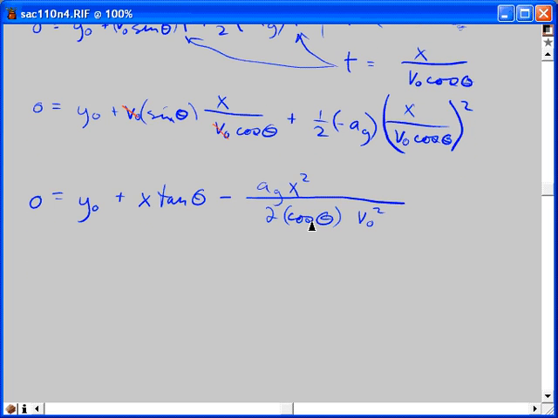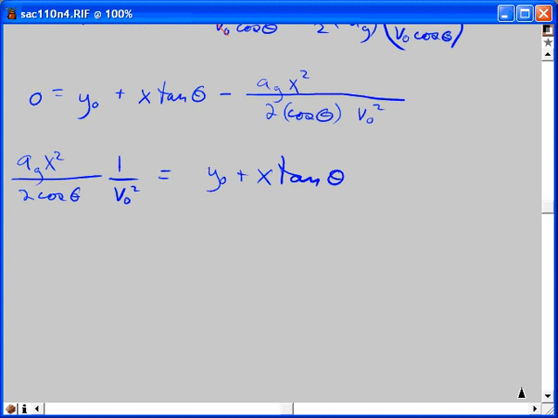Alright, I've got to solve for v0 squared. I'm going to add this term to both sides to get v0 squared on the left. Write it slightly differently, so I've separated the 1 over v0 squared part, and that's y0 plus x tan theta.